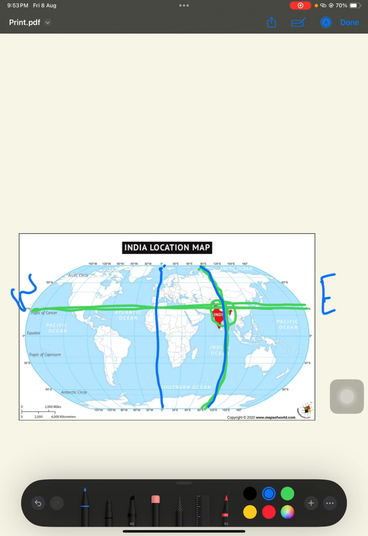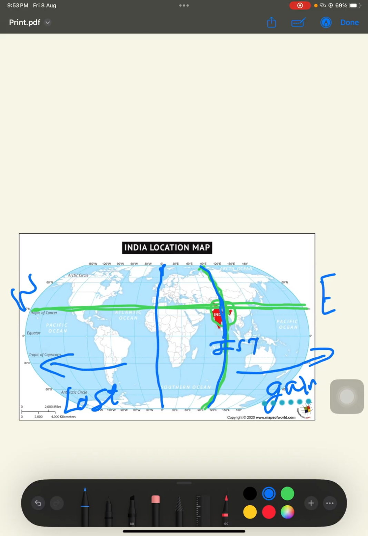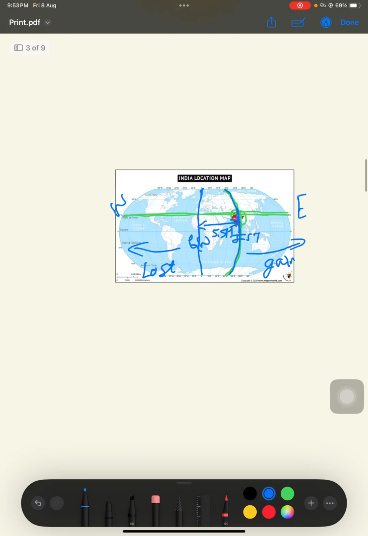Whenever we are moving to the eastern side, we will gain 1 day. Whenever we are moving to the west side, we will lose 1 day. It means from 0 degree to Indian Standard Time, if for example Indian Standard Time is here and this is the Greenwich meridian, from here to here there is a 5.5 hours difference. This is exactly what it means.